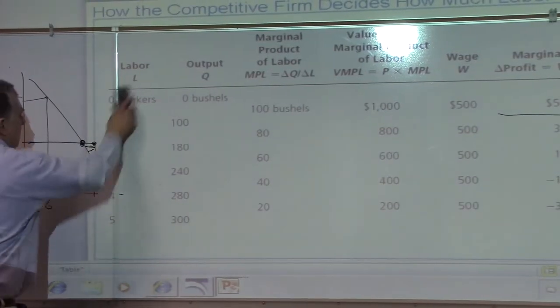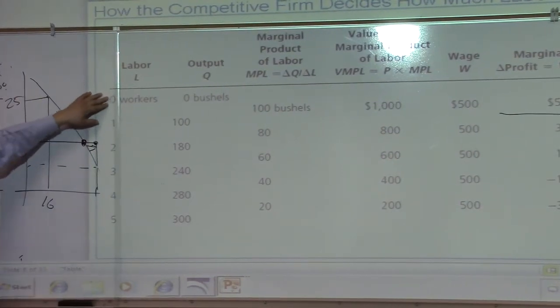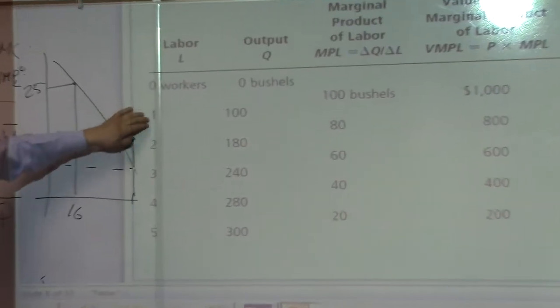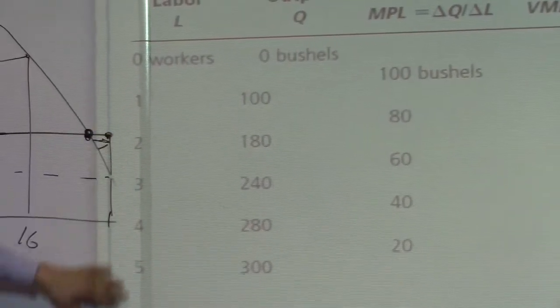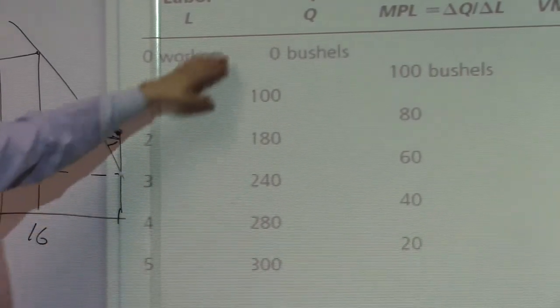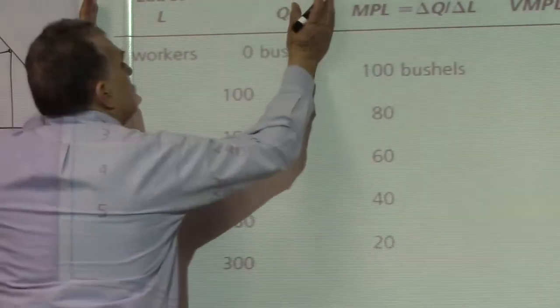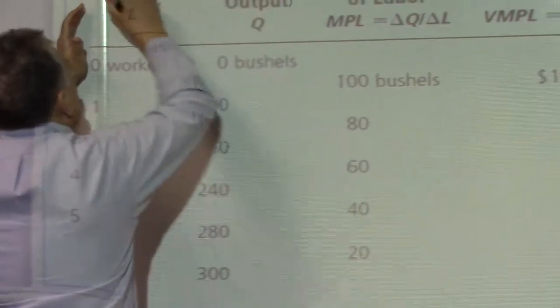Okay? Here's the quantity of labor measured not in hours like our earlier example, but numbers of workers from 0, 1, all the way through 5. These workers produce so many bushels of apples. This is the column, and so these two variables define the production function. Okay?